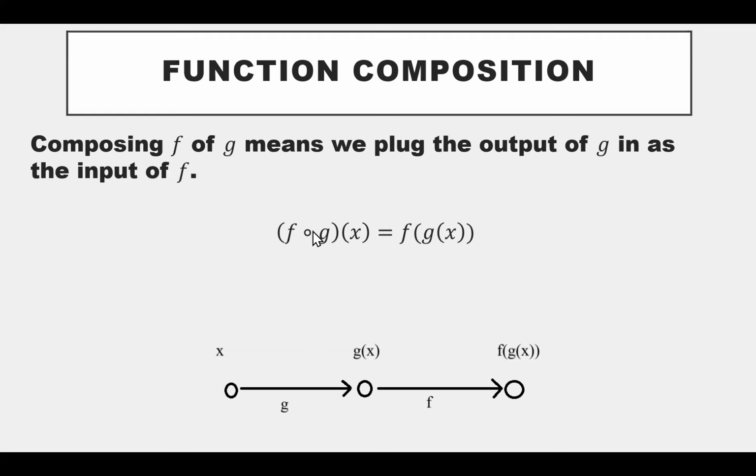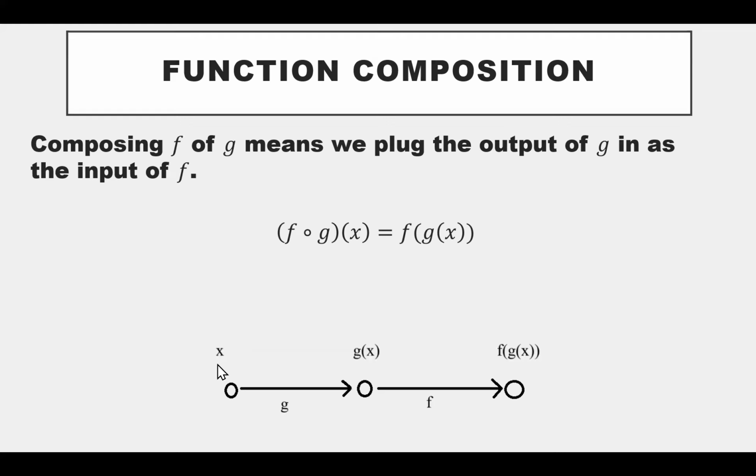And the new symbol we use for function composition is a circle. So composing F of G means we plug in the G output as the input for F.